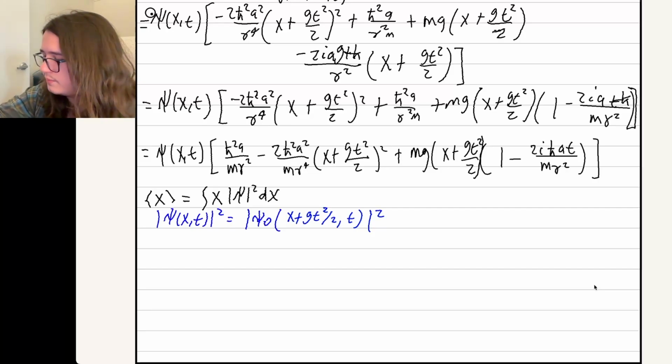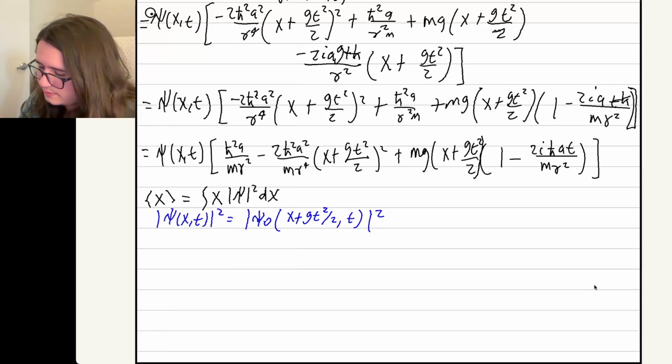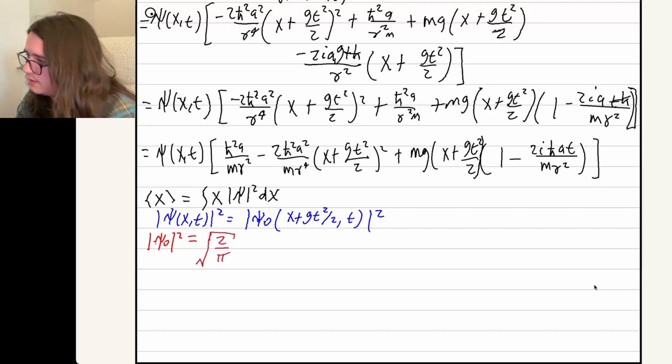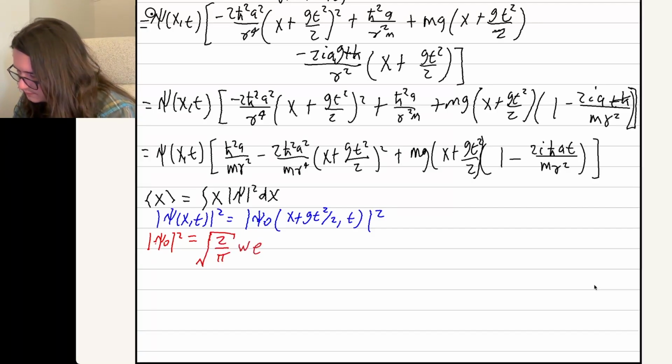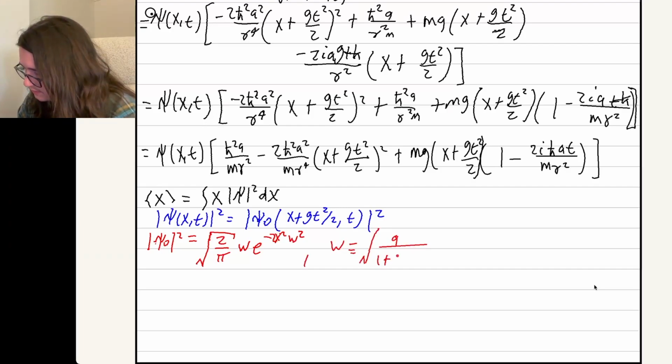And this is where a result from problem 221 will come in pretty handily, because we found back then that mod squared of psi 0 of x and t is the square root of 2 over pi times w e to the minus 2x squared w squared, where w is pretty much just the square root of a divided by mod gamma squared, which looks like this, 2h bar at over m all squared.